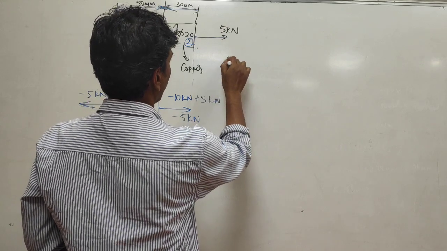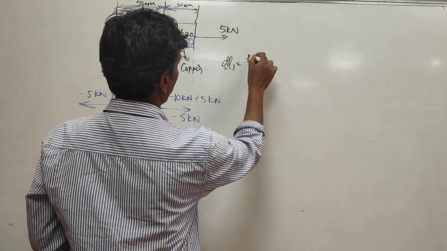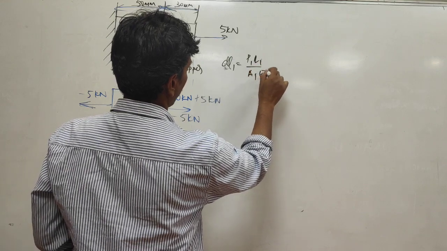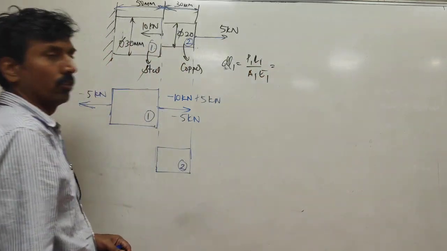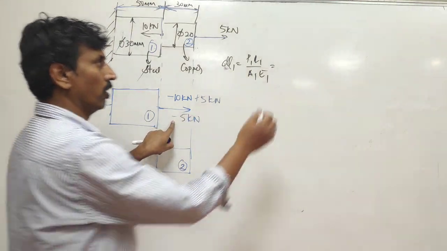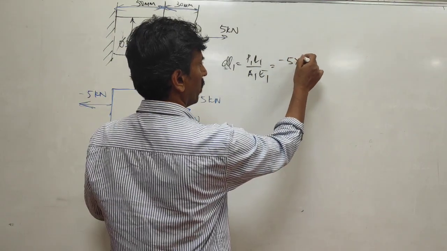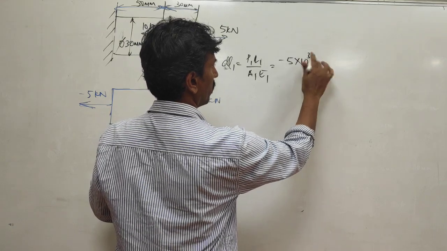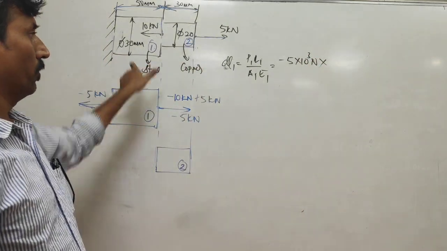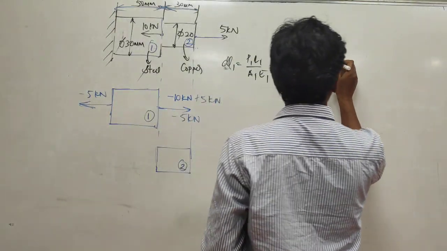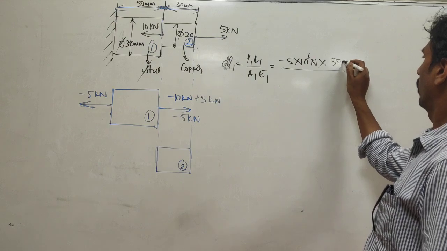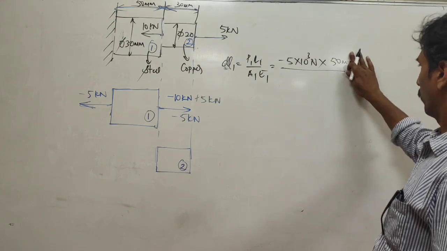So dl1 is equal to P1 L1 by A1 E1. What is the load acting on this section 1? Minus 5 kilonewton, multiplied by the length, 50 mm.